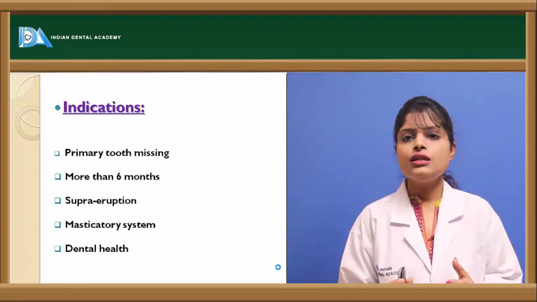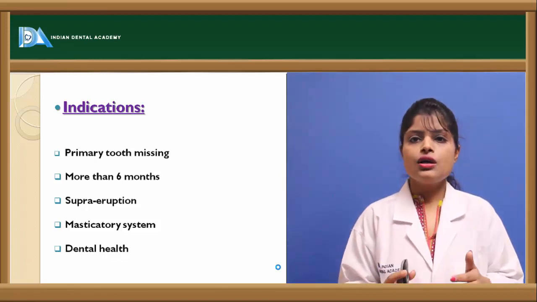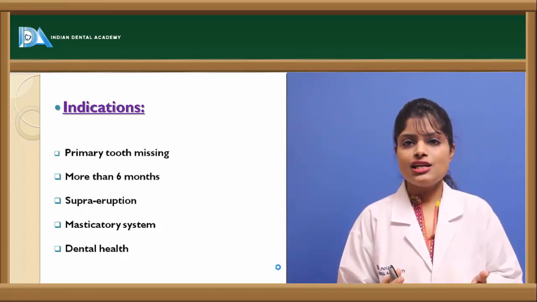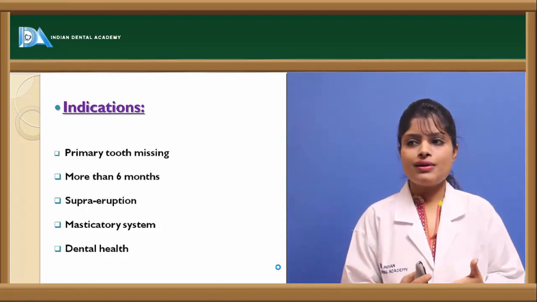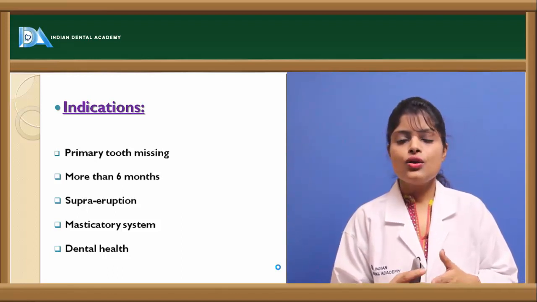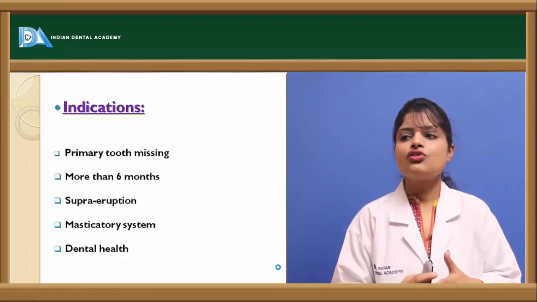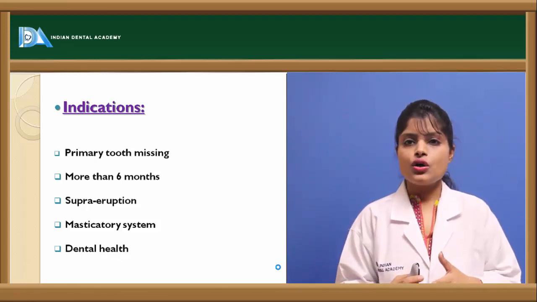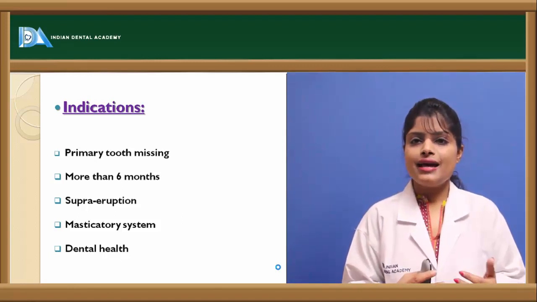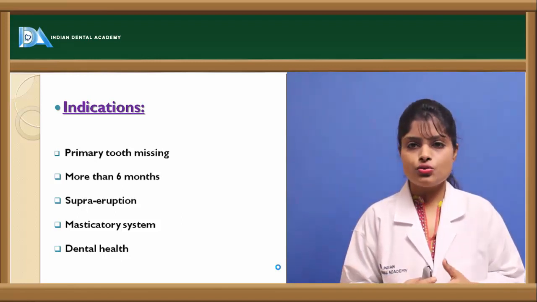A space maintainer also restores the normal masticatory system or the mastication apparatus of the primary teeth. It helps the child to maintain the normal physiological masticatory process, and it is also responsible for maintaining proper dental health of the oral tissues as well.